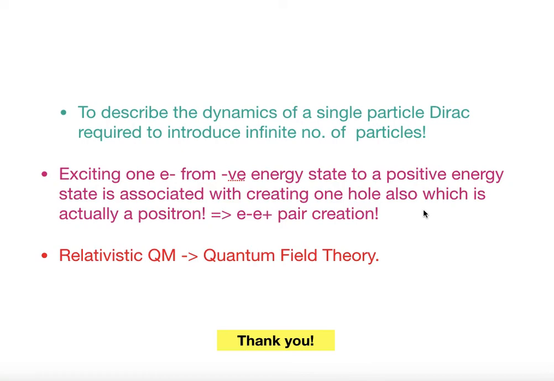For example, if you use this Dirac equation in a central potential, for example the hydrogen atom, where the electron is moving around in the central potential, then the energy eigenvalues will show fine structure. In the Schrodinger equation, we had to introduce some correction terms to get this fine structure.